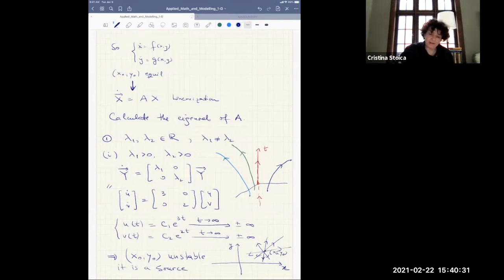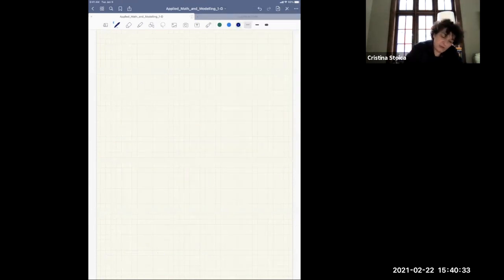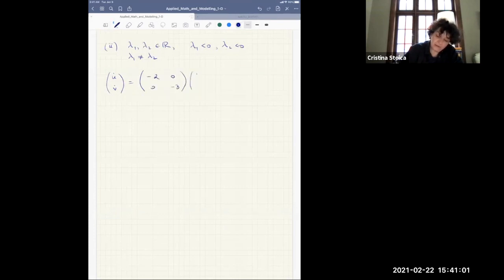Okay, I'll do one more and I'll let you go, okay? So let's say two, that we have the eigenvalues, they're both real, distinct, but they're both negative. In this case, you would get something like u dot, v dot equals minus 2, 0, 0, minus 3, times uv.